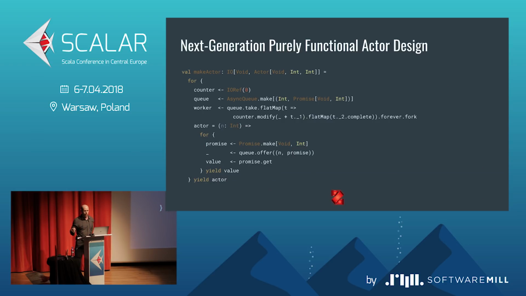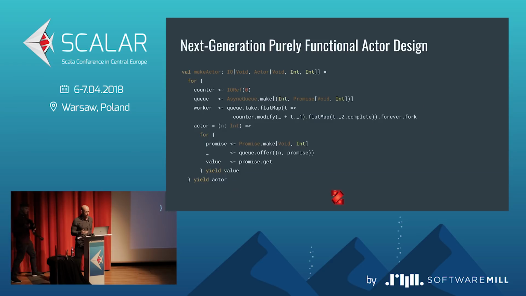And then we call dot forever, which is a function on I/O that will repeat that forever. And then we fork that off into a different thread. So one line of code to do all that. And all the values here are totally immutable. So we're not actually doing anything crazy. And then finally, we create an actor which creates the promise, sticks the promise and the number to increment it by into that queue, and gets the future or the I/O action associated with that promise.